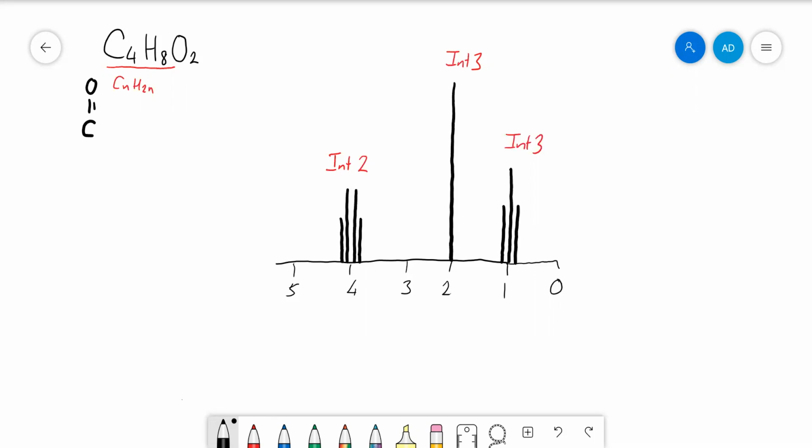We also know that it can't be a carboxylic acid. Okay, and the reason why it can't be a carboxylic acid is because that gives you a very high ppm. This hydrogen here would have a ppm of about 12, and we've got nothing anywhere near as high as that on our spectrum here, so it can't be a carboxylic acid.